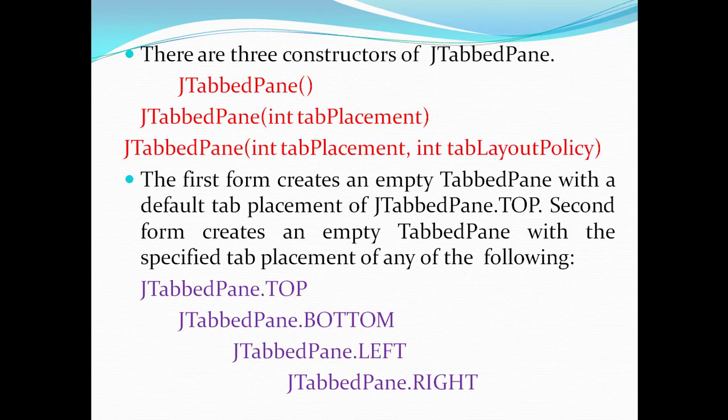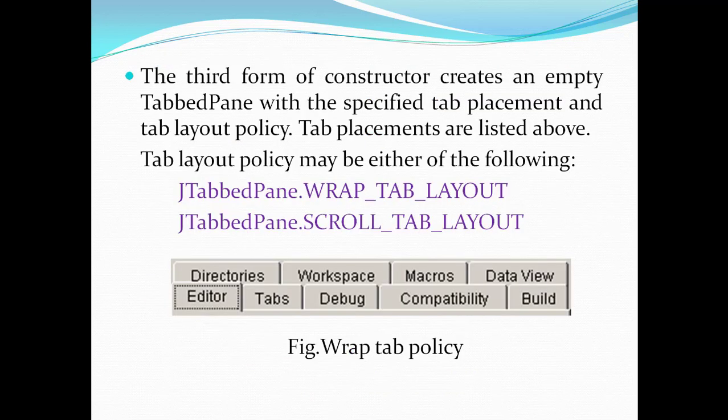Tabbed pane constructors: JTabbedPane, JTabbedPane(int tabPlacement), JTabbedPane(int tabPlacement, int tabLayoutPolicy). Tab placements are JTabbedPane.TOP, JTabbedPane.BOTTOM, JTabbedPane.LEFT, JTabbedPane.RIGHT.